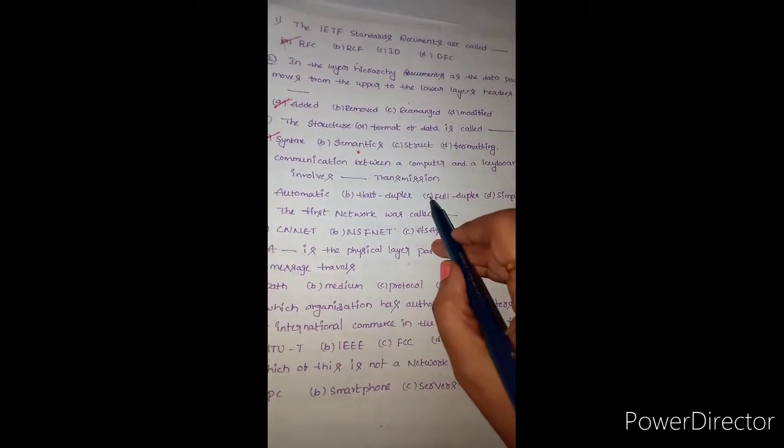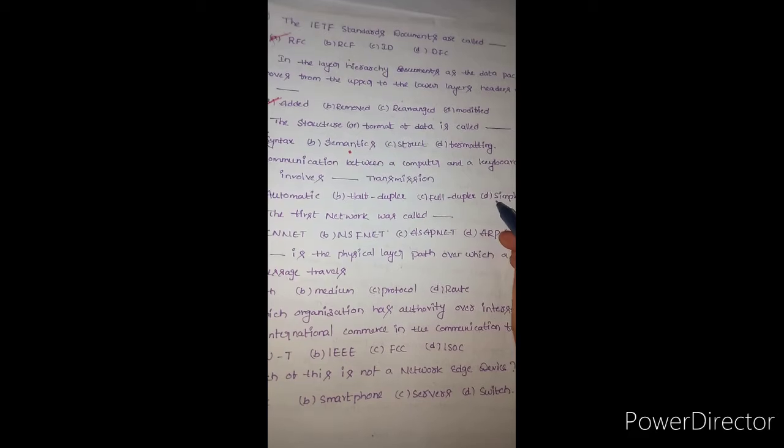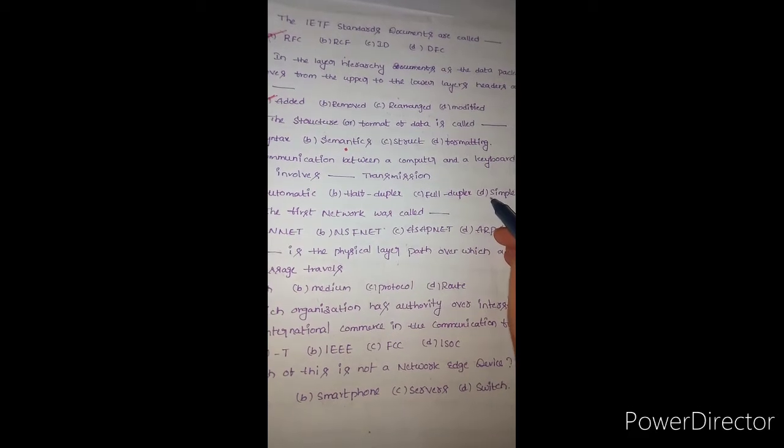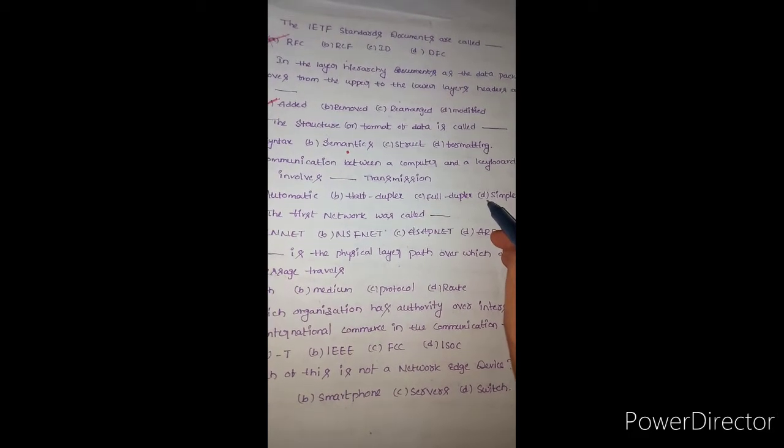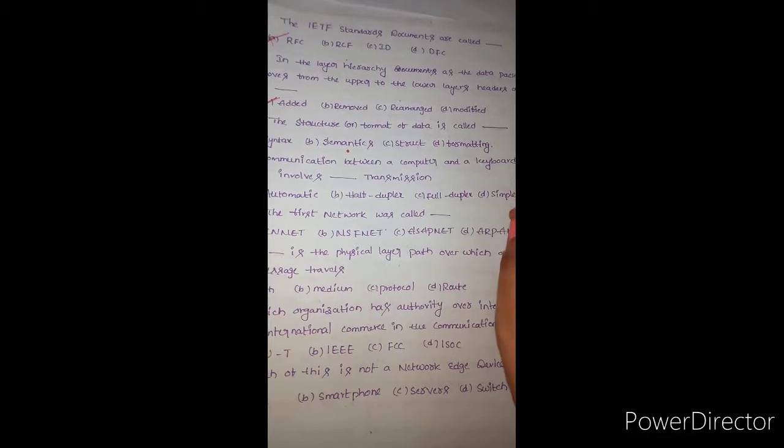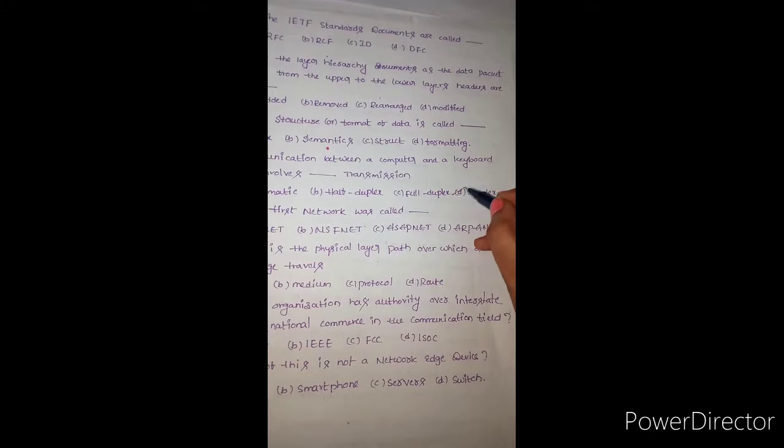So this is also a wrong option. The correct answer is simplex. Another example of simplex is the computer mouse, where the data flows from the mouse to the computer only. So the correct answer is simplex.